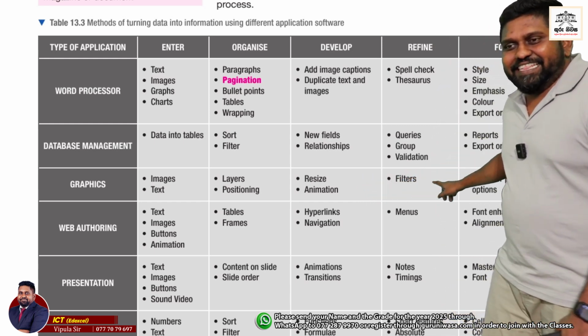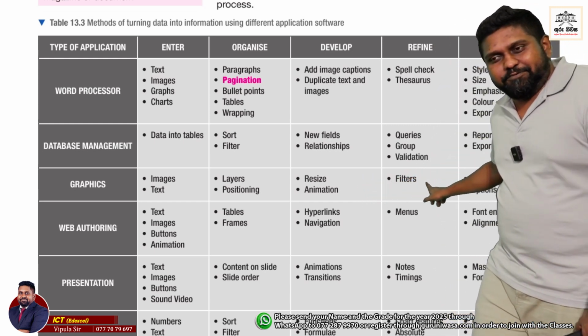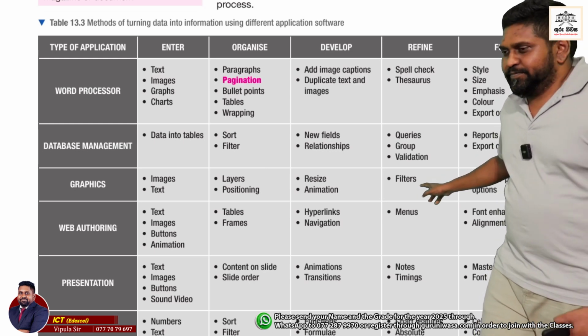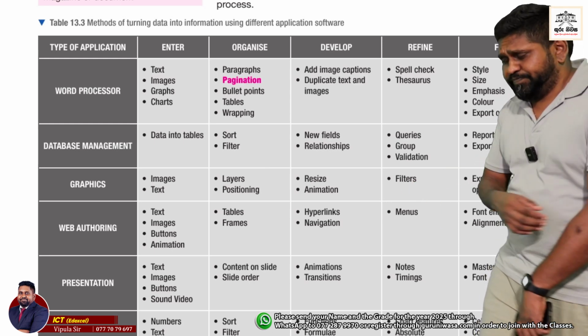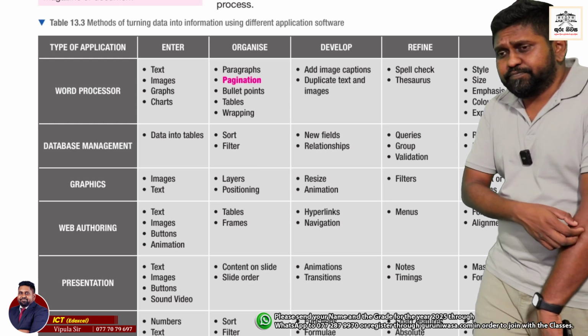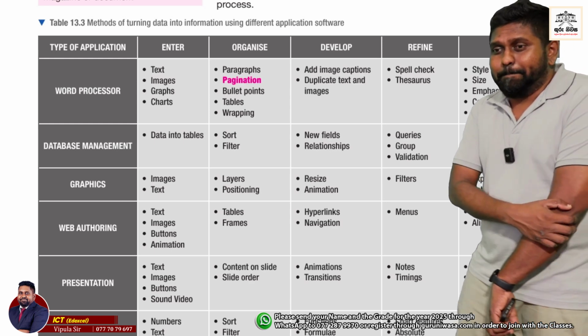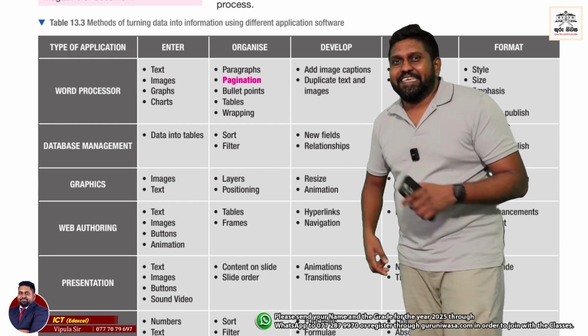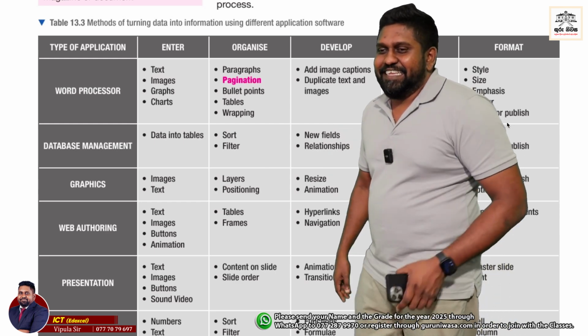And then the refining part, yes, it would be filters, because you guys know, when it comes to photo editing or photo management, sorry. Also, we need to pay for Photoshop, right? That's the trick. They download it by piracy.